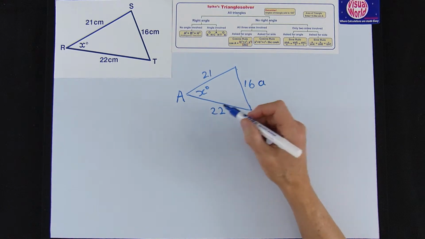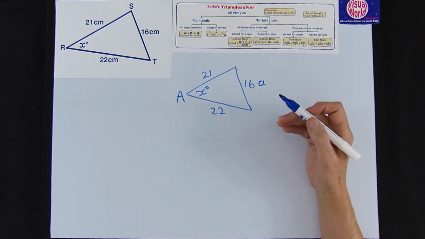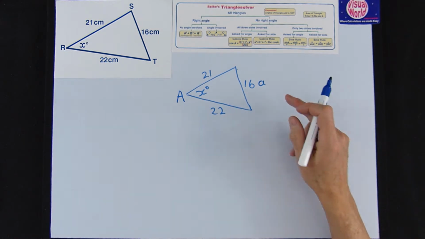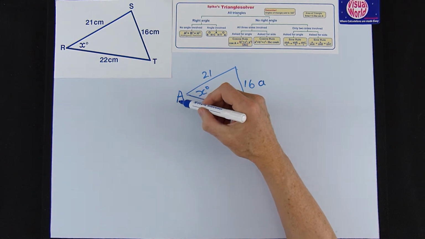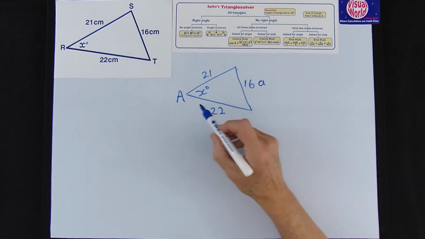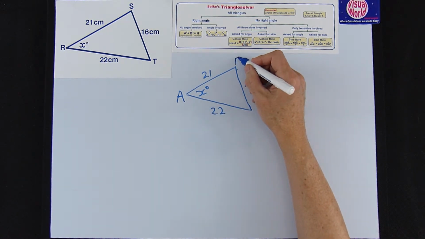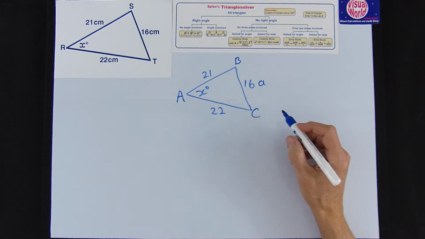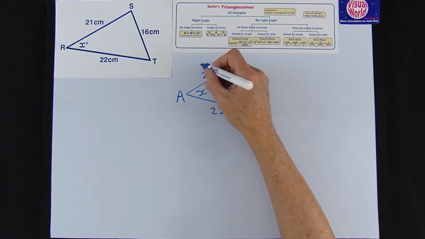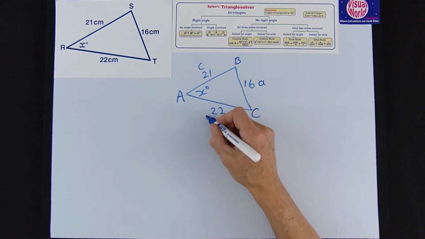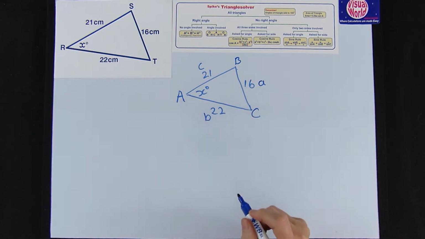To keep everybody's working the same, especially if you're a teacher and you're teaching this, make sure that you tell them this so you get the same working from everybody. Name it A, B, C clockwise on the corners. So A, B, C. So that means that this one there is C, opposite from C, and this one there is opposite from the B, so it's B.